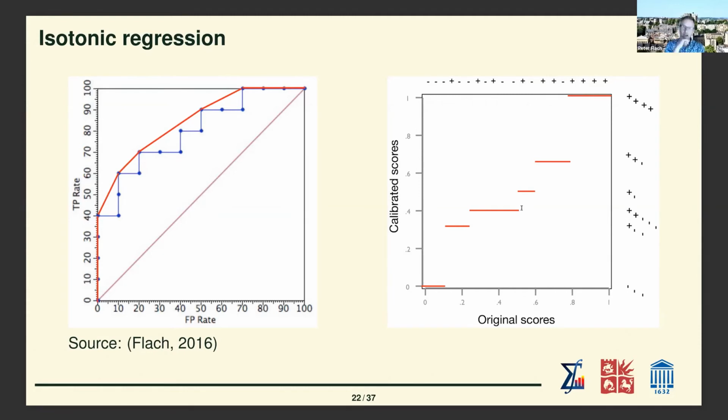If you look on the right at the top right segment, that's a segment with calibrated score 1, which corresponds to the ROC curve segment closest to the origin, because there we see only positives. So here is quite a different but still very useful calibration method.